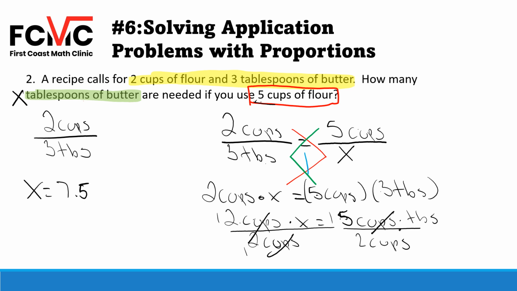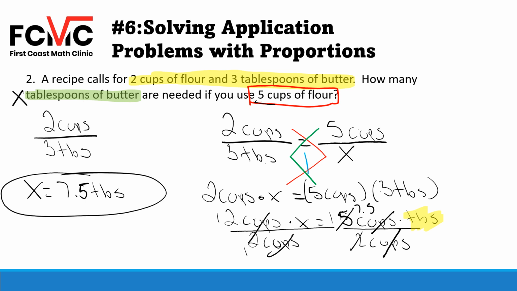The cups are going to cancel out, just as the 15 divided by 2 gave us 7.5. And what label are we left with in our answer? We're left with tablespoons. So we're left with 7.5 tablespoons as our answer, which is the label our answer should be in, tablespoons. So that's what's happening with our label and how we're getting the correct label, tablespoons, here.